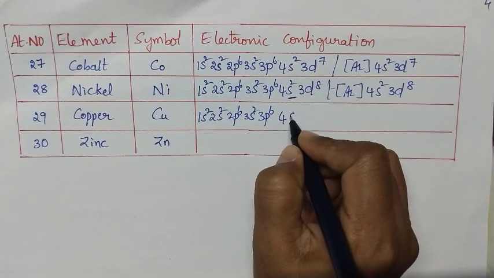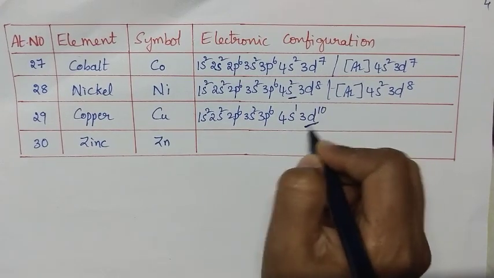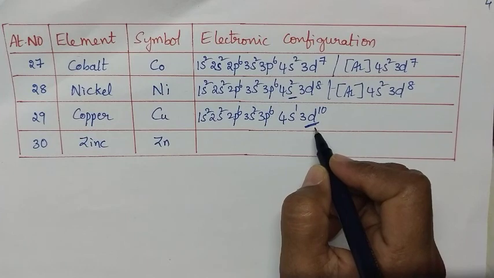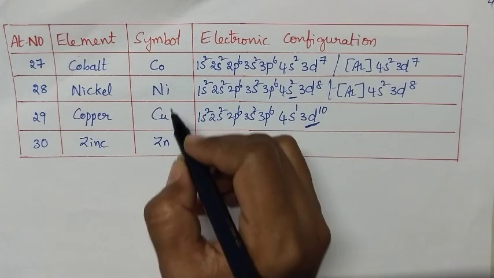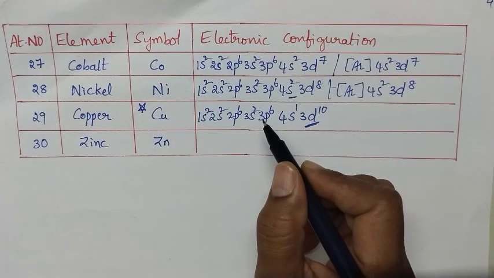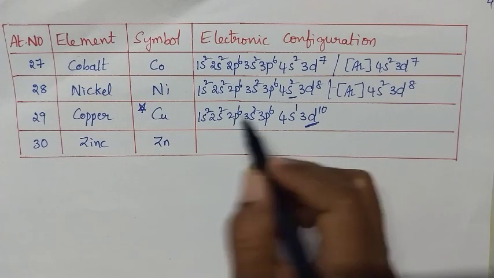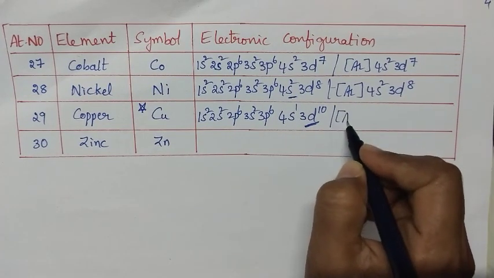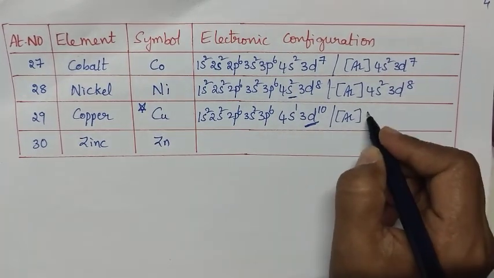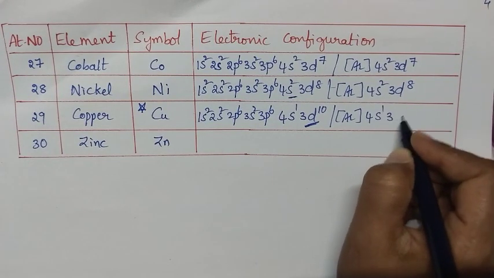Then the configuration becomes 4s1, 3d10. So, the d orbital attains the completely filled configuration. With the result, copper gains extra stability. So, by following Hund's principle, both chromium and copper show anomalous behavior to attain extra stability. So, its configuration can also be written as argon 4s1, 3d10.